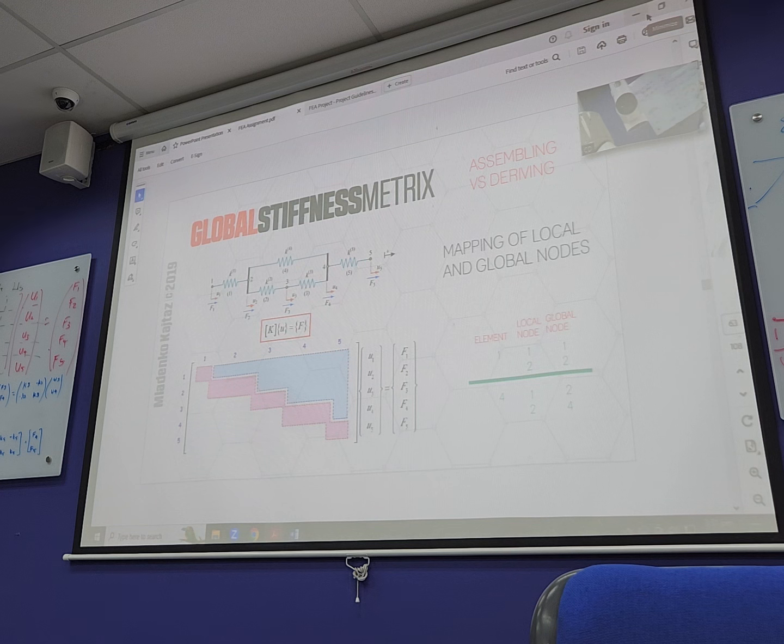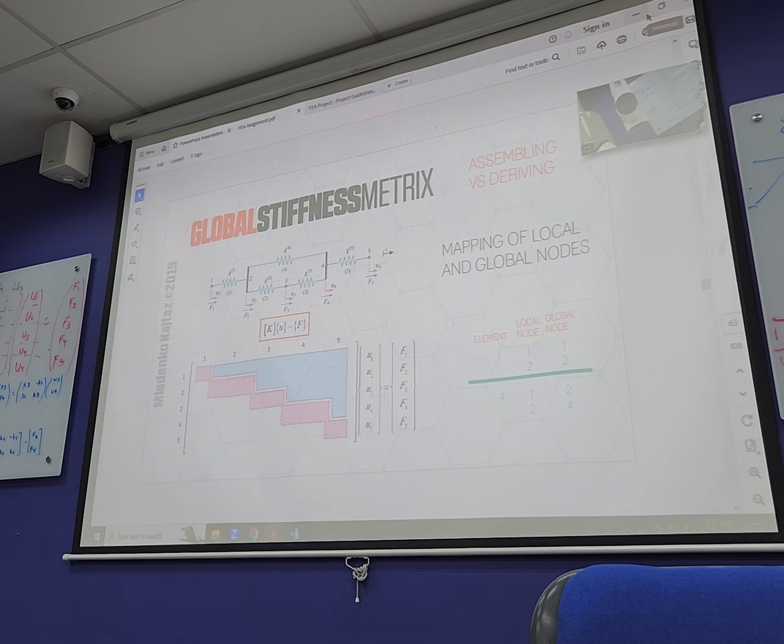So this K4 goes where? Row 2 and row 4. Okay, so it's plus K4. Next one is where? Row 2, column 4. So it should be negative or positive? Negative. Very good.